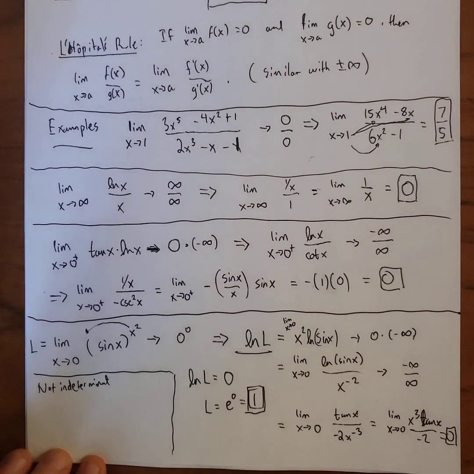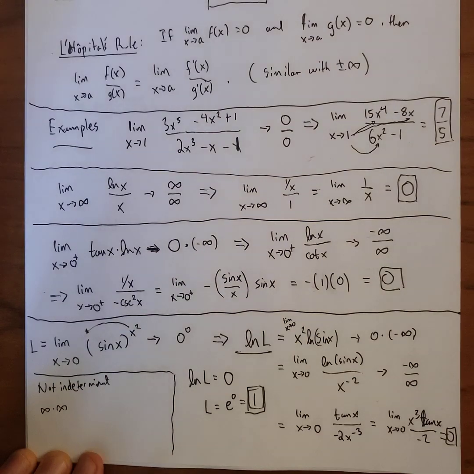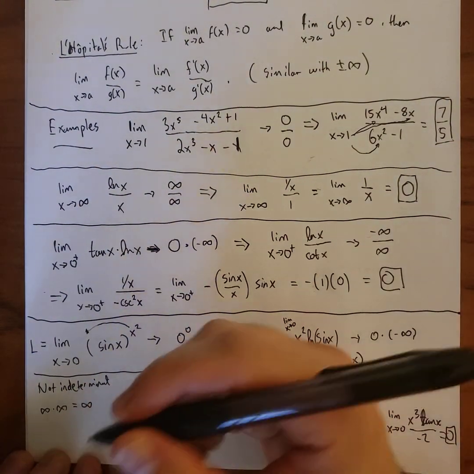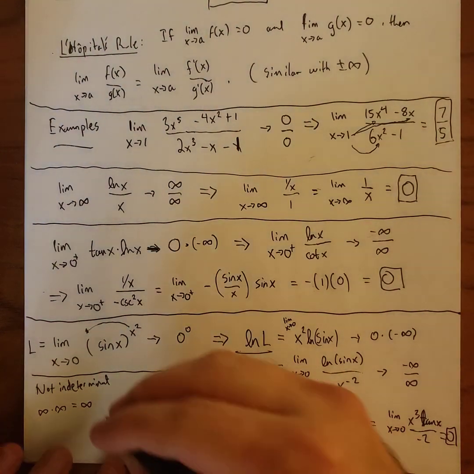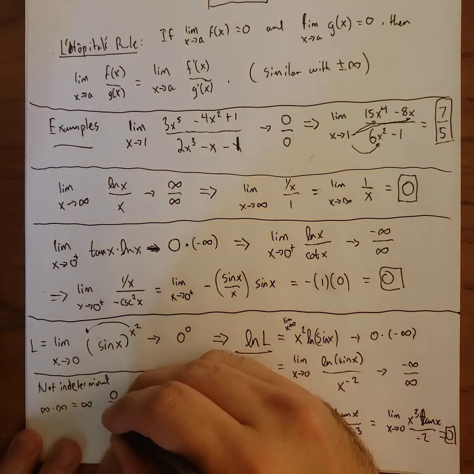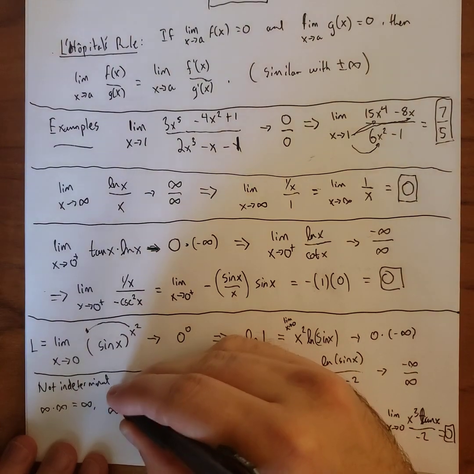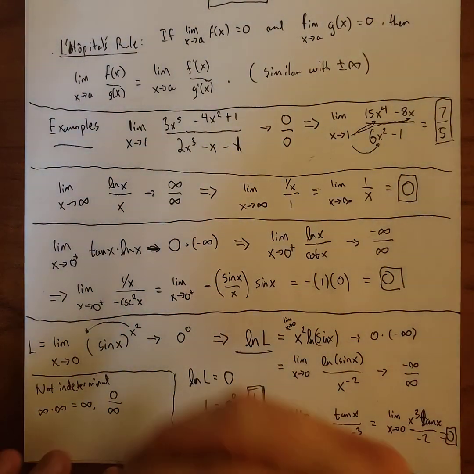So if you're doing limits and you get, say, two functions that are both going to infinity when you're multiplying, well, that's just going to be infinity. There's no question there, right? If something's going to infinity and another thing's going to infinity, then multiplying is going to infinity. If you have 0 over infinity, that's like doubly going to 0, because 0 on top and then infinity on the bottom is making it even smaller.